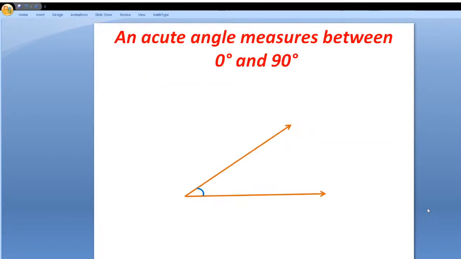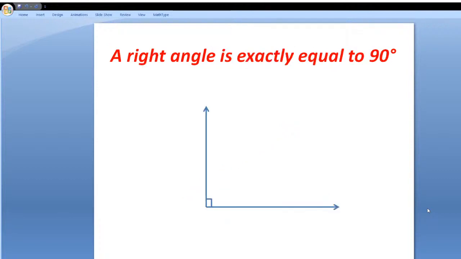First, an acute angle measures between 0 to 90 degrees. Then a right angle is exactly 90 degrees.